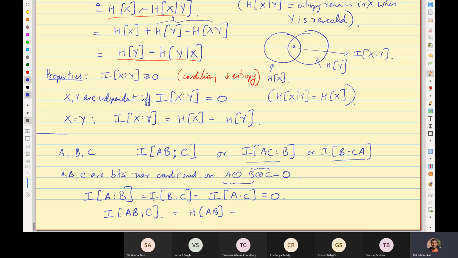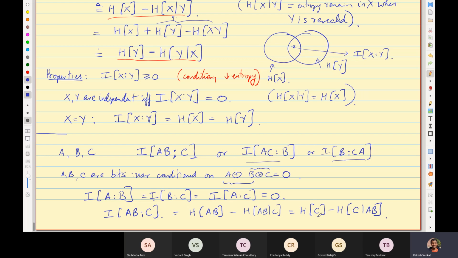According to the rule of mutual information, it is H of the first variable minus H of the first variable given the second variable, or I can also do it the other way around. Which of these is slightly easier to evaluate? Well, the second expression is slightly easier to evaluate.